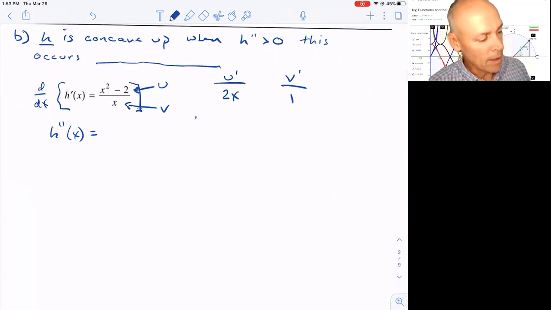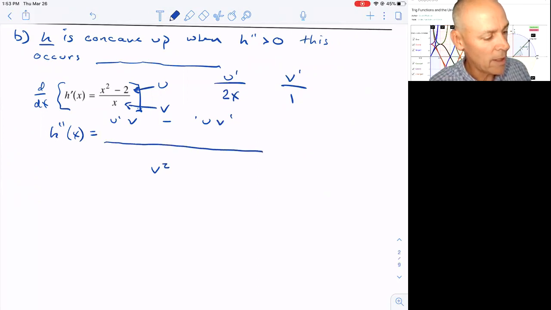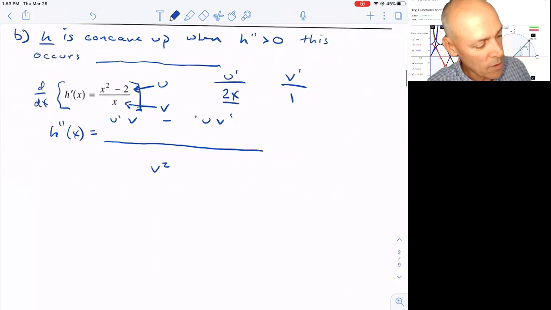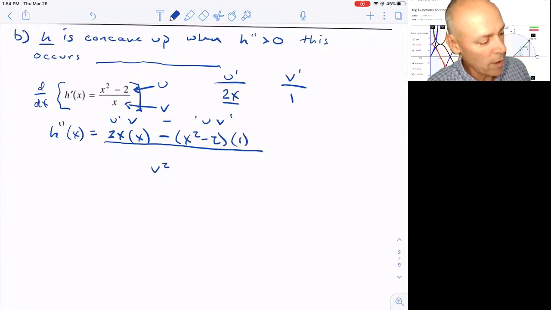And then the quotient rule, u prime v minus u v prime over v squared. And I'm going to sandwich that right in between. So I want u prime, which is 2x, times v, which is x, minus u, which is a quantity x squared minus 2, times v prime, which is 1, all over v squared, which is going to be x squared.